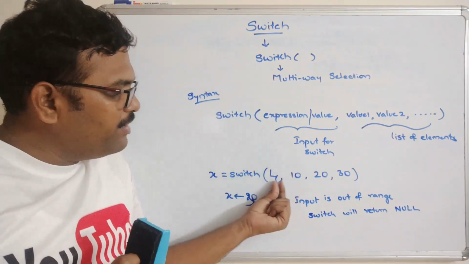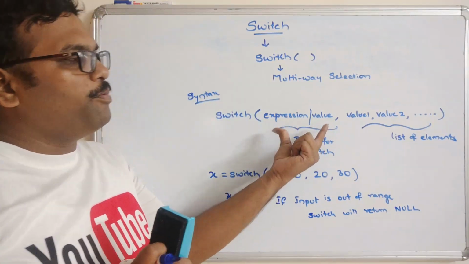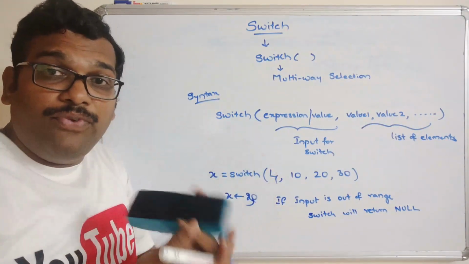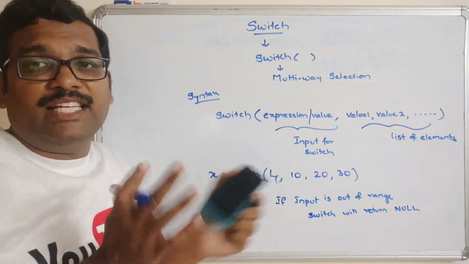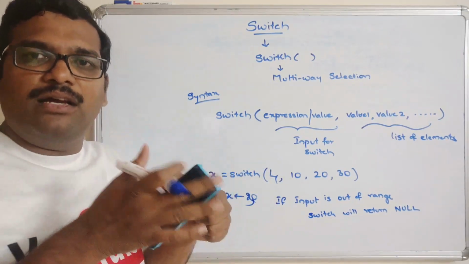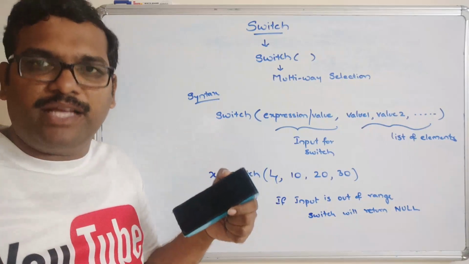That means directly giving the expression or a value, and based upon that, the corresponding value will be returned. The second way of implementation is with a string expression, where we can match the given value with multiple cases.